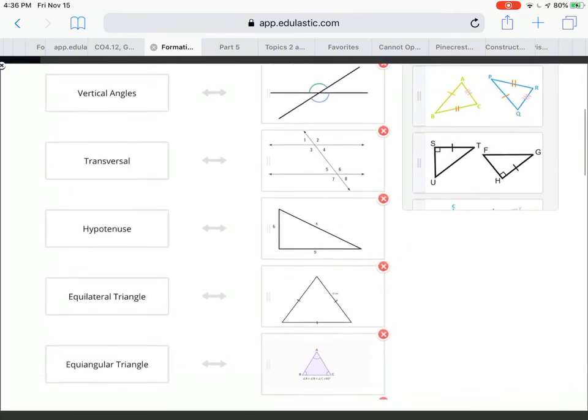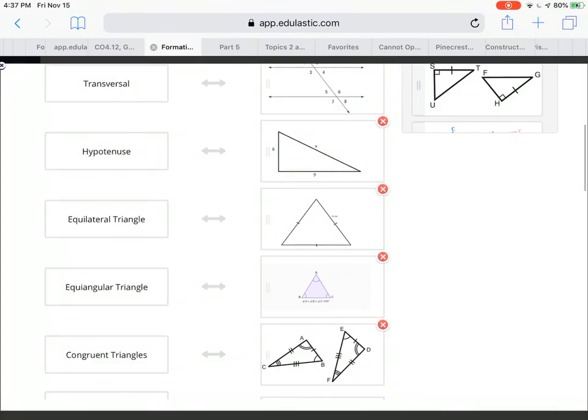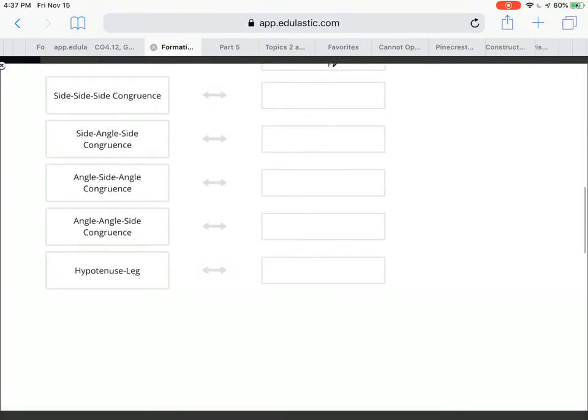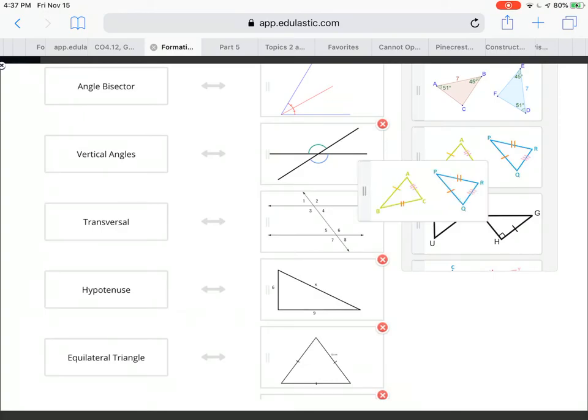I think if I just hold it, it'll scroll down or something. Nope. How do I get this down here? Can I move this down? Nope.